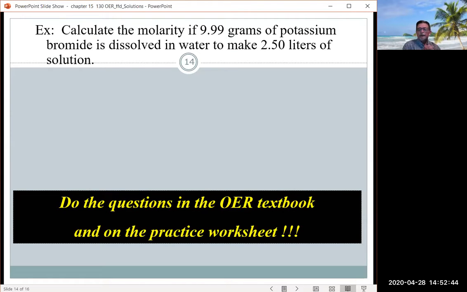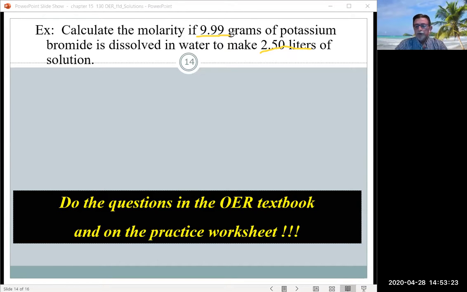Calculate the molarity if 9.99 grams of potassium bromide is dissolved in water to make 2.5 liters of solution. Okay, now here's a couple of things. Recall molarity is moles per liter, so we're good on the volume. It's in liters units, okay? But we need to calculate the moles of potassium bromide if we have 9.99 grams of potassium bromide. Well, in order to do that, we need the molar mass of potassium bromide.